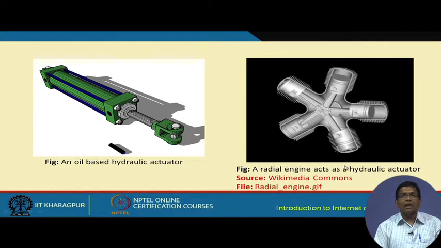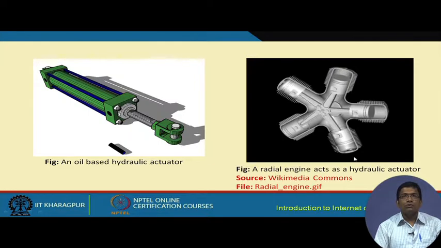On the right hand side, we see a figure which shows a hydraulic actuator based radial engine. As we can see, this animation is quite explanatory.